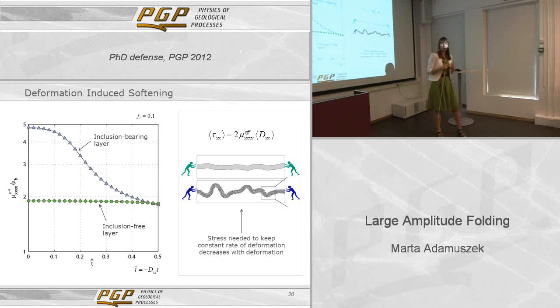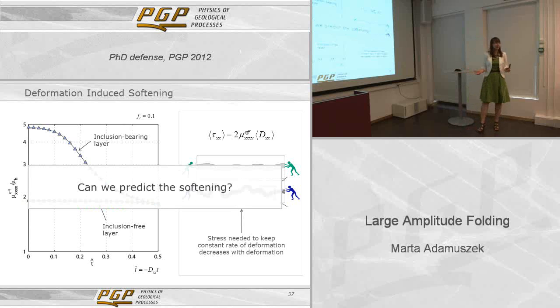And this is often referred to in the literature as structural softening. On one hand, the presence of inclusions led to the strengthening of the system. But on the other hand, because of the folding, the strength decreased. And the strength of the system with and without inclusions at the end of the simulations is the same.